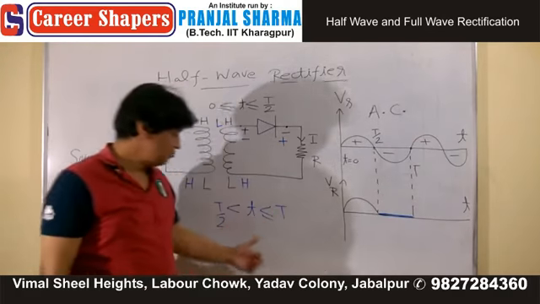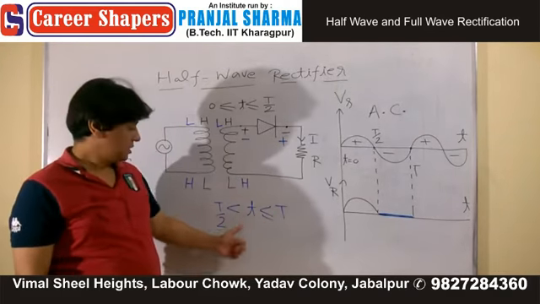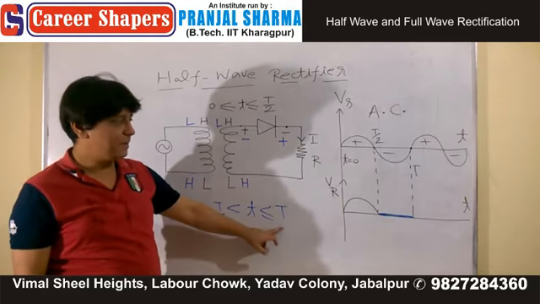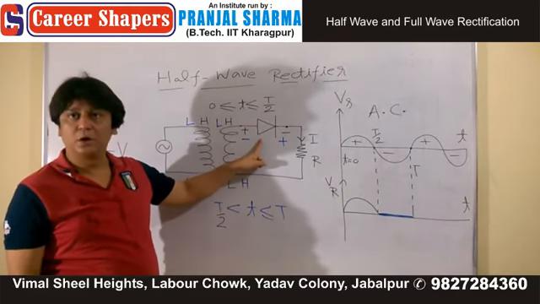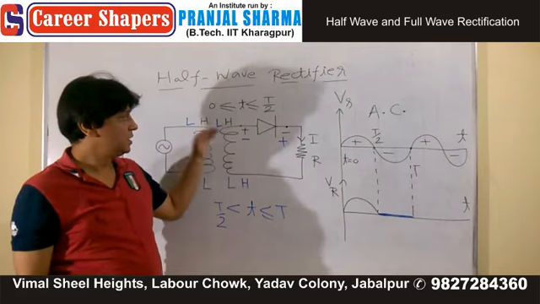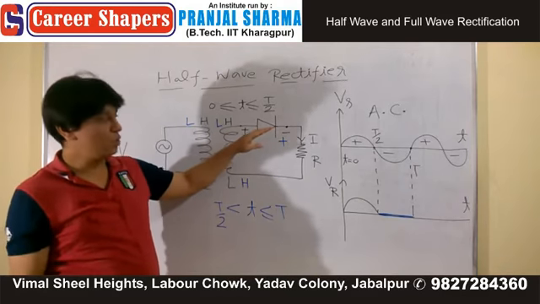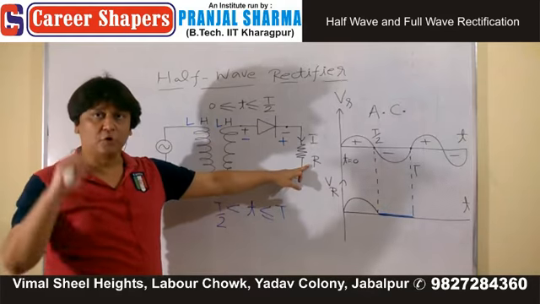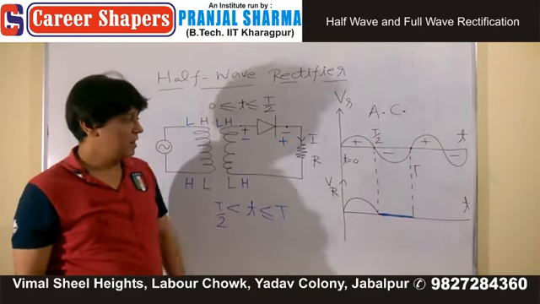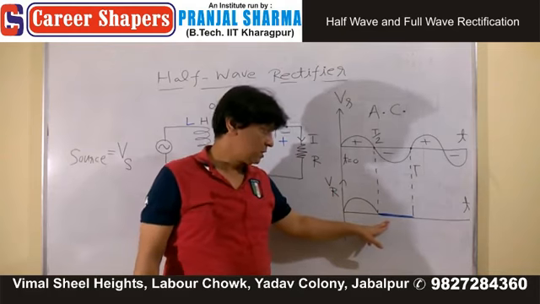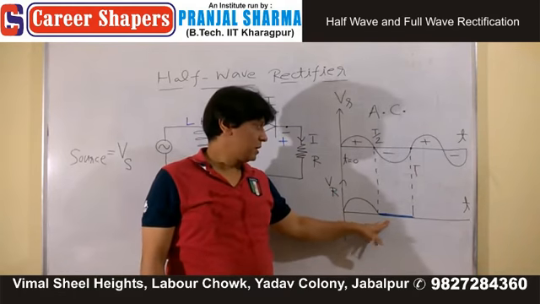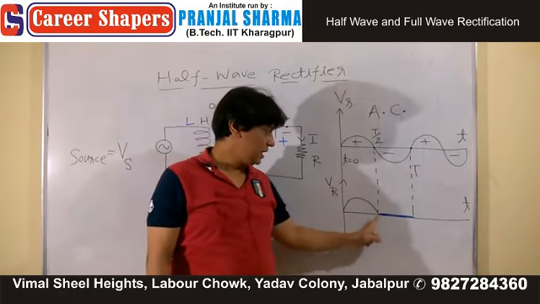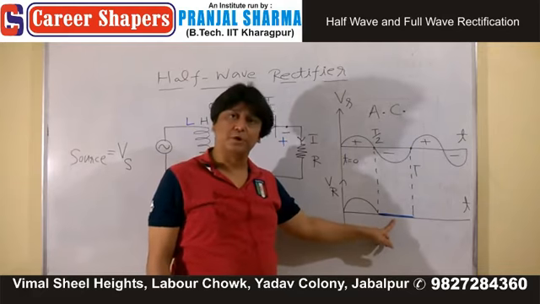For the time range T by 2 to capital T, the diode is in reverse bias, there is no current, there will be no potential difference from Ohm's law, IR, and therefore your VR becomes 0.